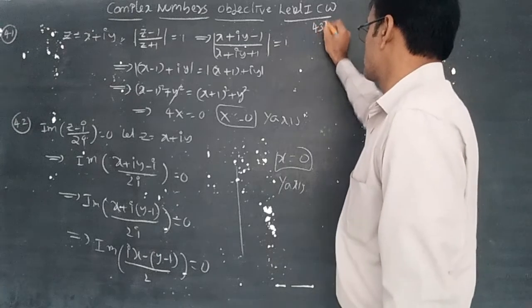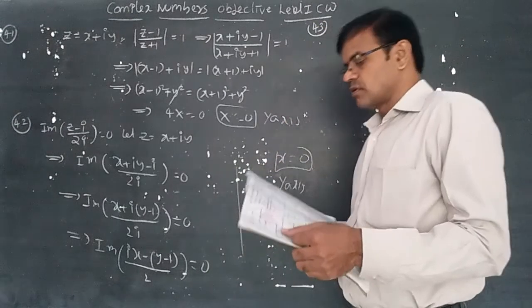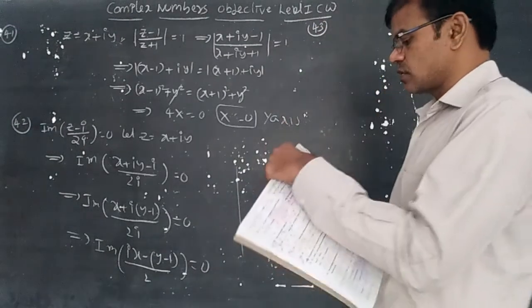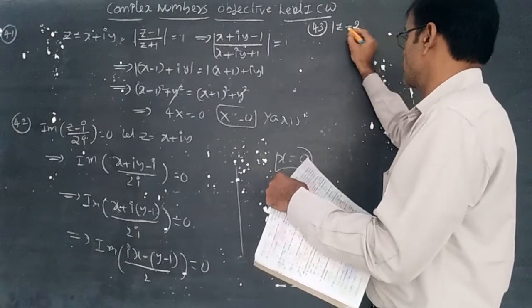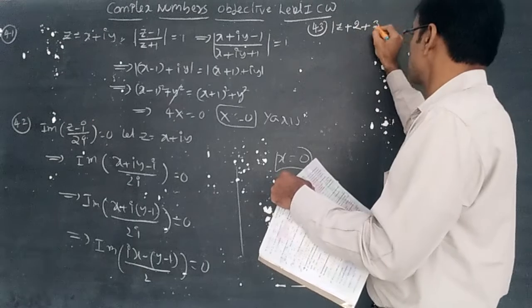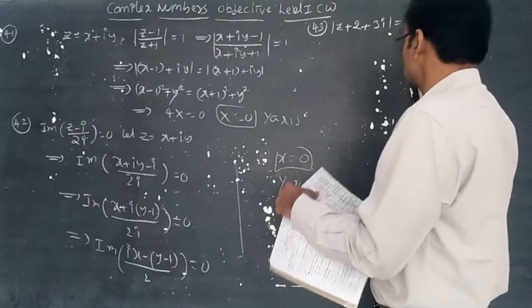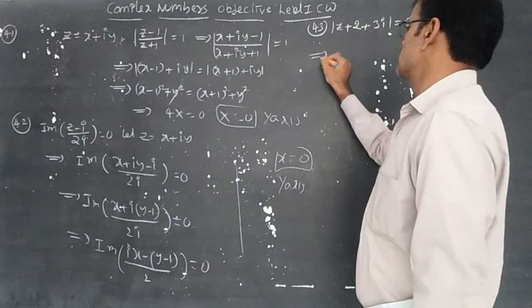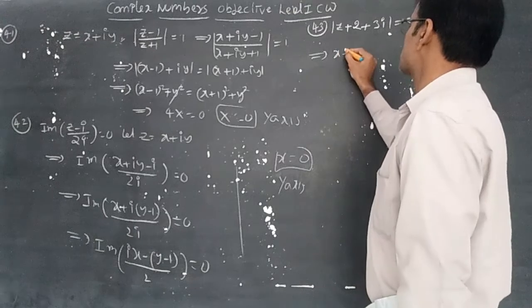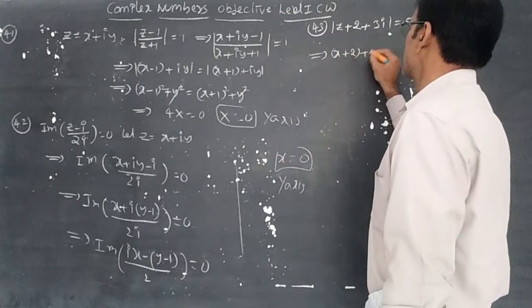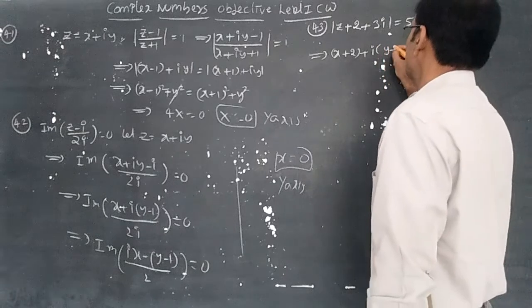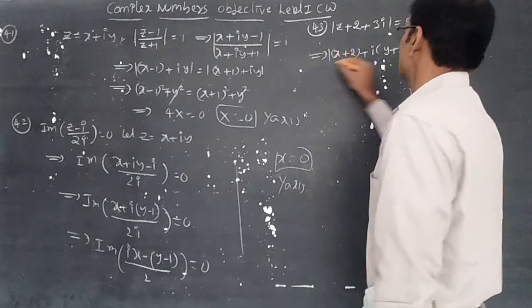43rd question. Modulus of z minus 2 plus 3i is equal to 5. No, modulus of z plus 2 plus 3i is equal to 5. Then the locus of z? These are easy sums. Let z be x plus iy, so you can write x plus 2 plus i(y plus 3) over modulus is equal to 5.